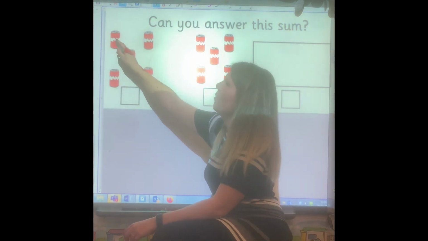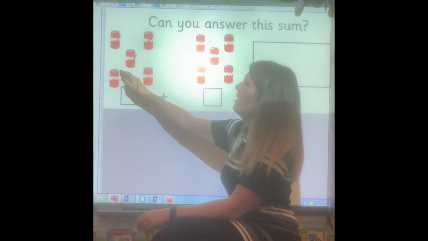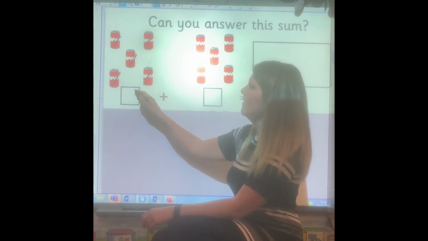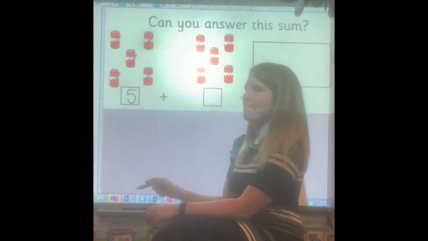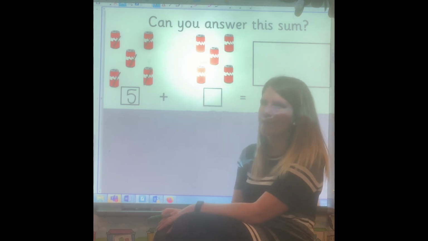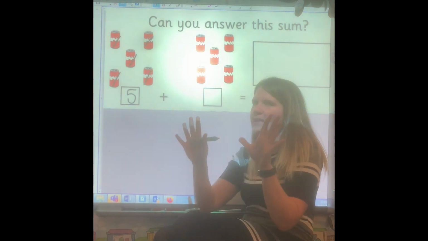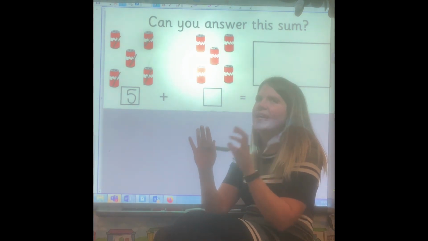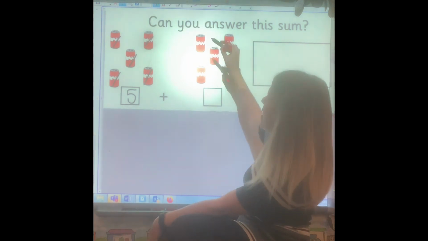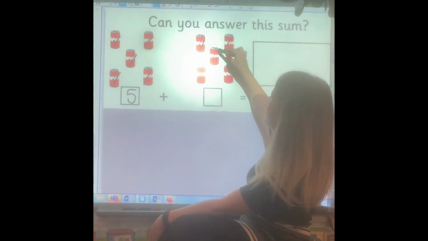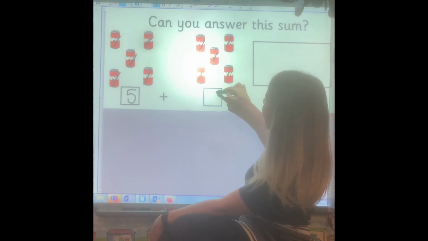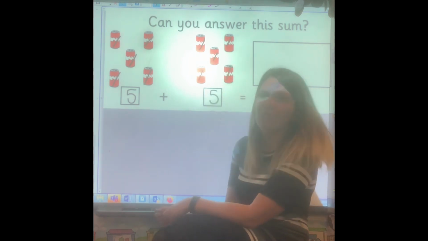We've got 1, 2, 3, 4, 5. So we write a number 5 in there. How many must be here? Can you remember? 5 and what makes 10? Should be 5 and 5 makes 10. Let's check though. 1, 2, 3, 4, 5. There we are. Perfect.